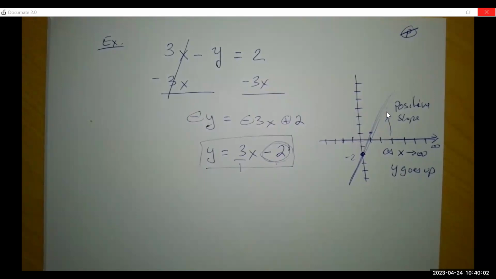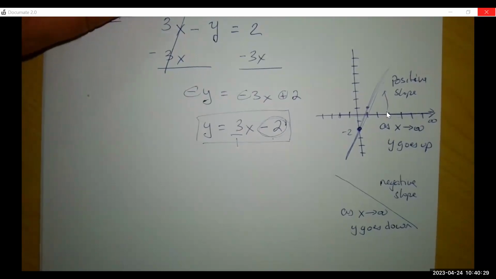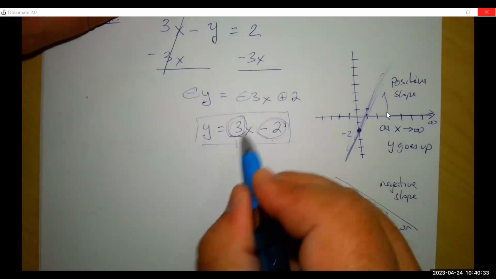That's a positive. So negative slope would be going down. Negative slopes go down. So as x goes to infinity, y goes down. We also know this is a positive graph because the slope is positive.